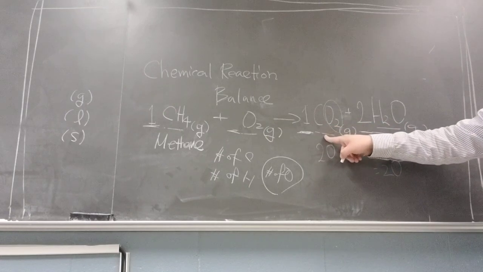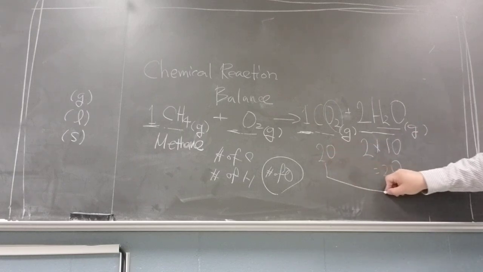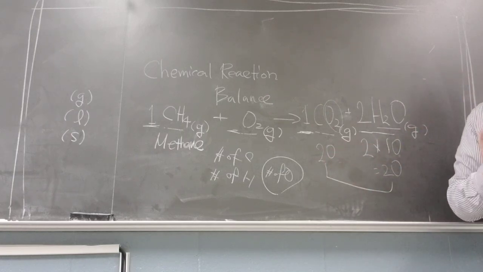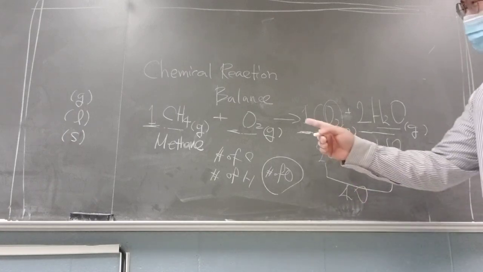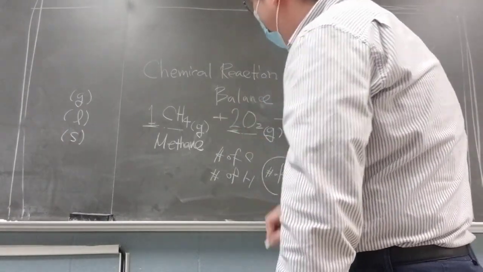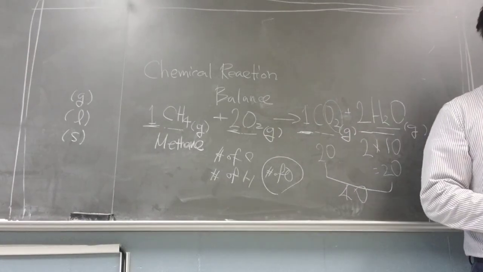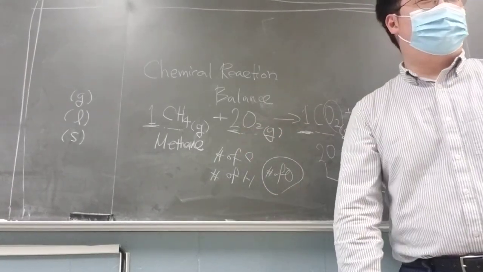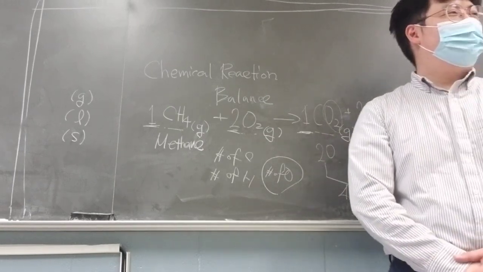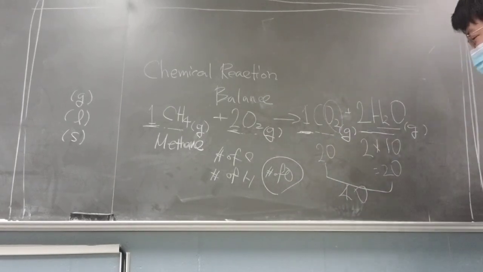So 2 plus 2, in total on the right side at this moment is 4. Add 2 to that. Perfect. So you can have 2 times 2, that makes 4 oxygen on the left side as well. That's the perfect right answer.